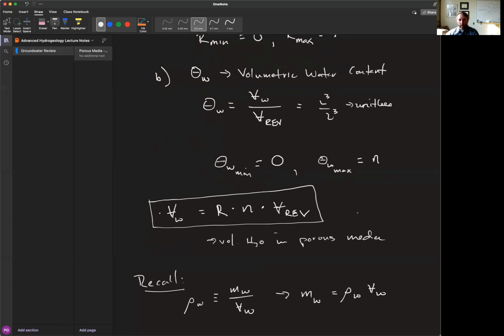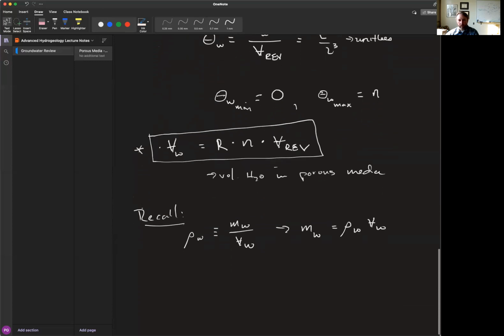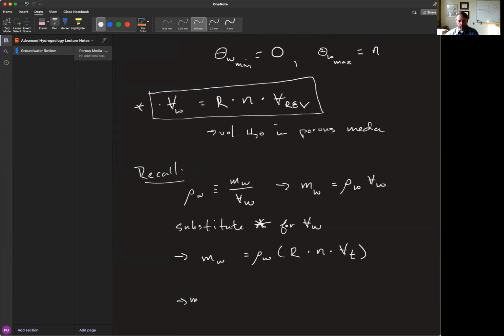If I want to know the mass of water in a porous media, I can just substitute in S times n times V for V water, and I will get mass of water is equal to rho water times S times n times V. And this now is the mass of water in our porous media.